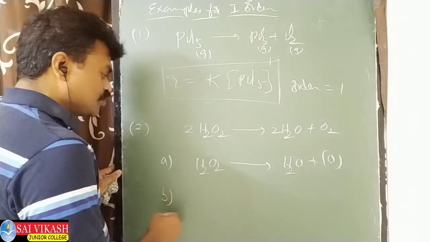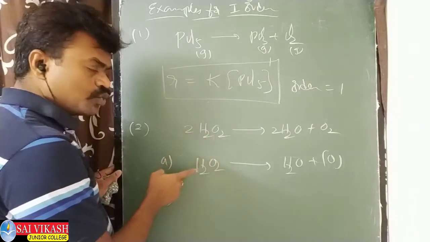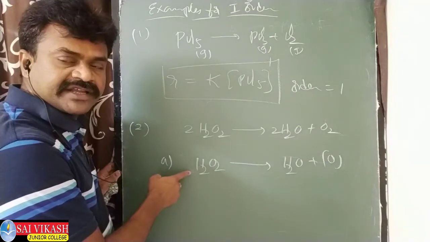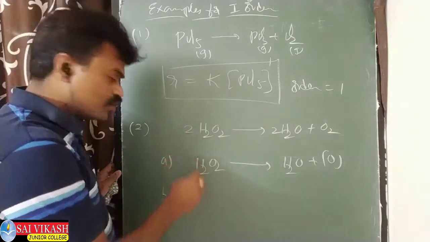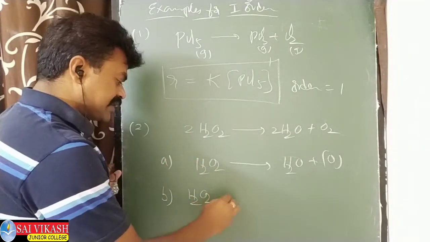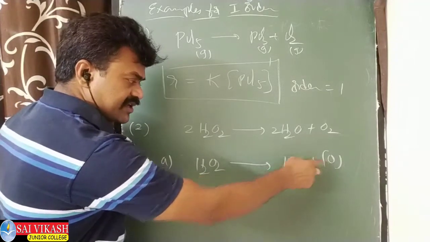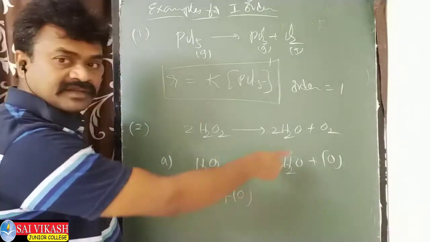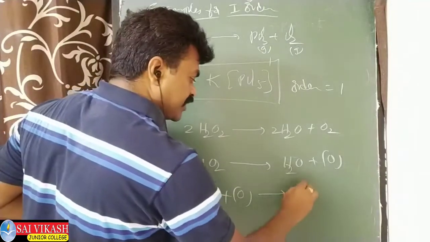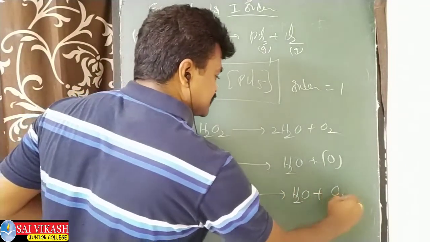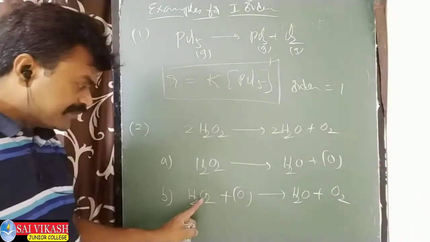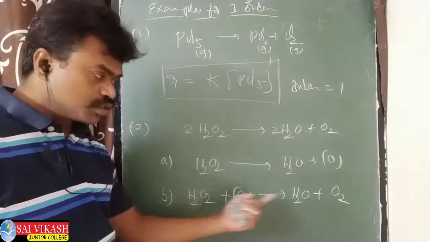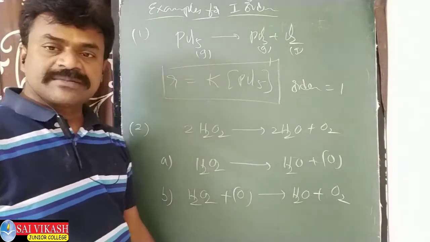Step number 2: the second H2O2 gains this nascent oxygen, forming again H2O and releasing O2. From this oxygen and this oxygen, O2 is formed, and the remaining H2O comes.